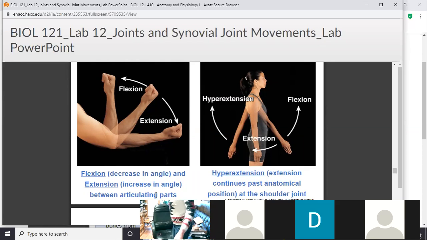So here's the plane right here, 180 line. Flexion: we're decreasing the angle from 180 to 90. If this is the plane right through here. Extension, I'm bringing it back to 180. Hyperextension, I'm taking it beyond 180.